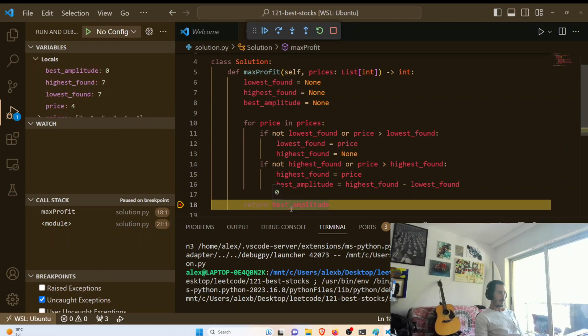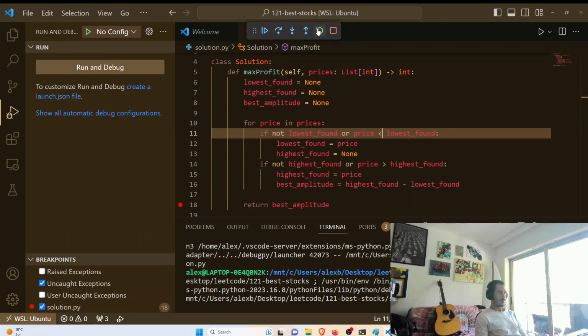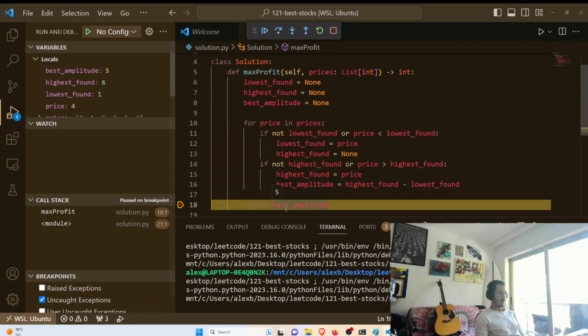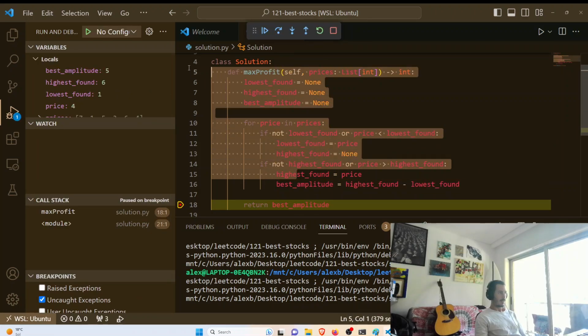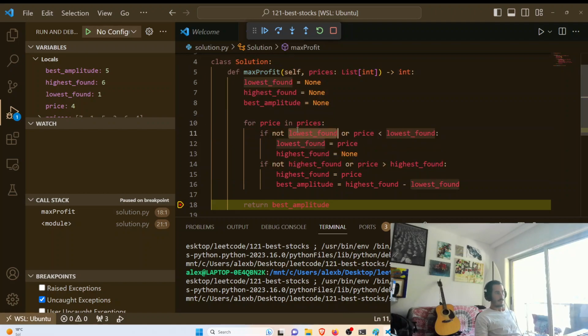So going back, if the lowest found doesn't exist, or the price that we found is smaller than the lowest found, then we update it and we reset the highest found.